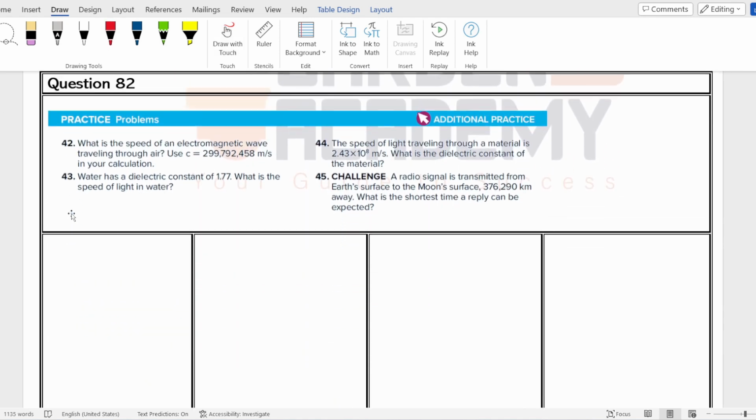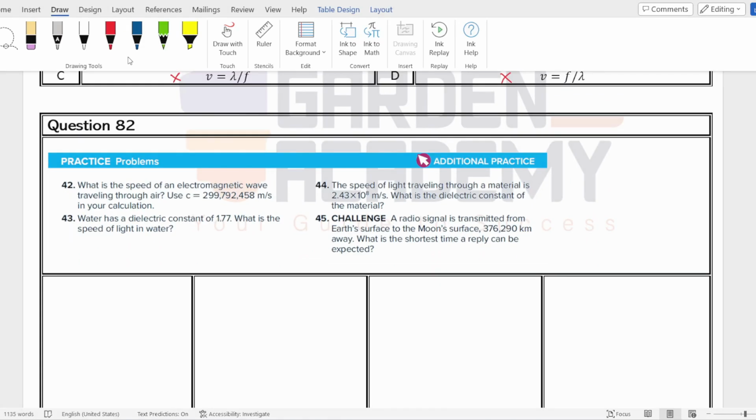Okay, we move now to the next question. Let's read the first question. What is the speed of an electromagnetic wave traveling through air? Use C to be 299,792,458 meters per second.